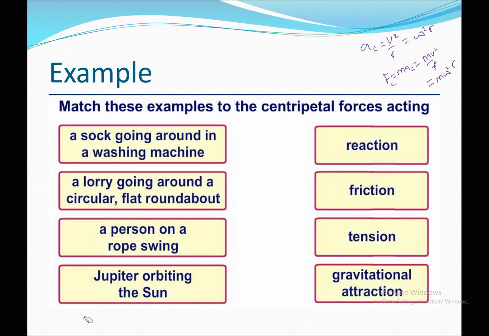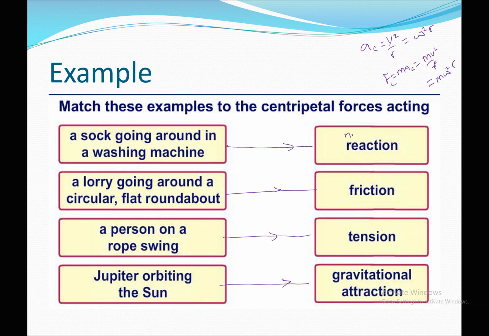I'll start with the simplest, those that we are very much aware of. A person on a rope swing, that is automatically tension. Jupiter orbiting the Sun, that is gravitational attraction, that is a planet. A lorry going around a circular flat roundabout, that is friction. Then a sock going around in a washing machine, that is reaction.